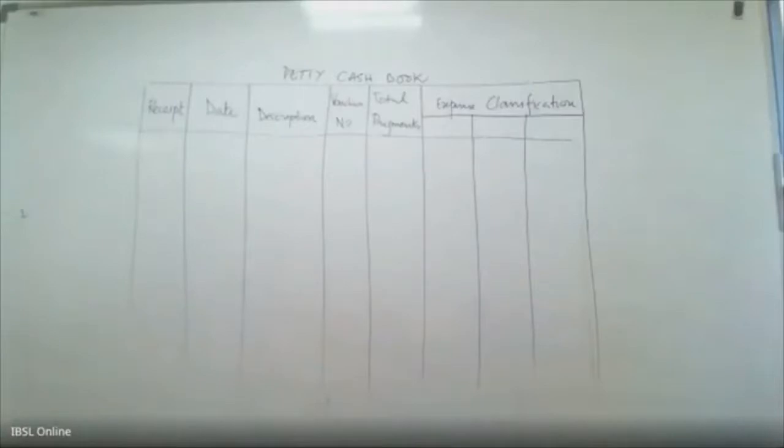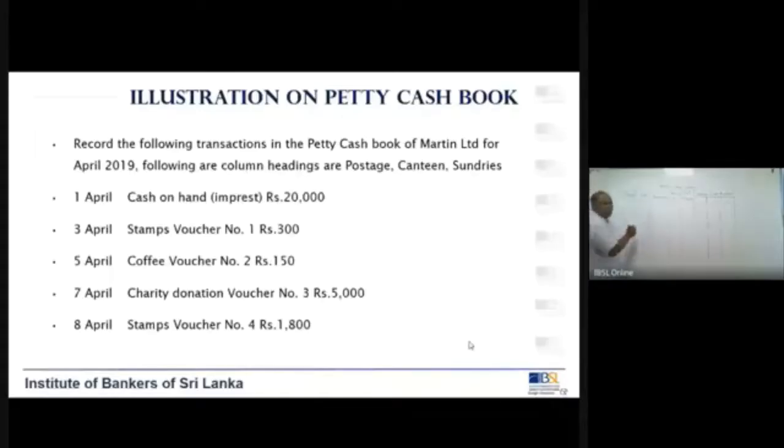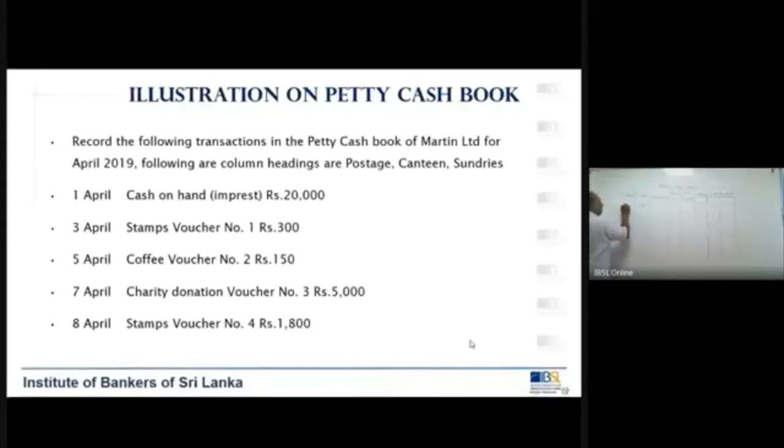So on 1st of April, there was a transaction which is cash on hand, imprest. Imprest means the money that you have received from the main cashier, and that is happening on 1st of April. So on 1st of April, you are getting 20,000 from your main cashier.